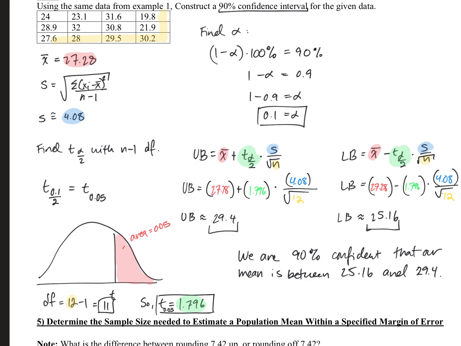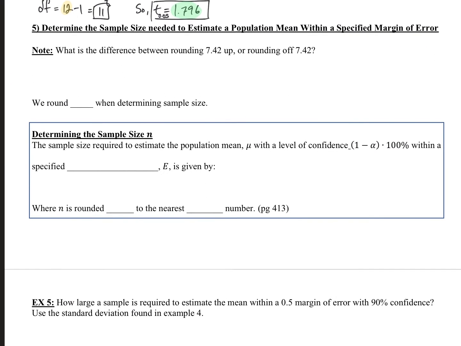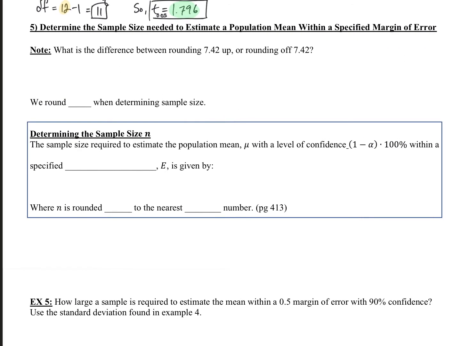All right. Now, number 5. Determine the sample size needed to estimate a population mean within a specified margin of error. So first off, what's the difference between rounding up 7.42 or rounding off 7.42? Well, if we were rounding up, we would go to the next highest number, which would be 8.